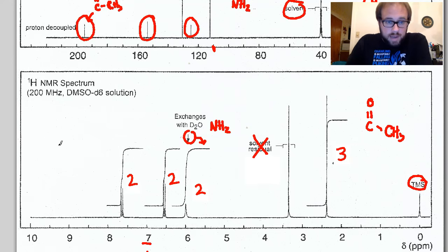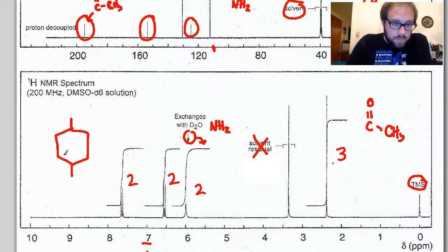doublets, the aromatics. So if they are doublets, this would very definitely confirm that we have a para-substituted aromatic ring, because then the neighbors, right, these protons right here, would have one neighbor, and they would show up as identical signals here.